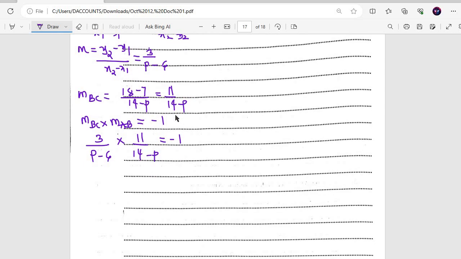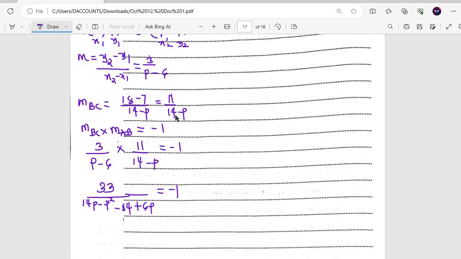So at the end of the day, we have 33 over P times 14, 14P minus P squared, 14 times 6. I'm multiplying the denominator. 14 times 6 will give us 84, so minus 84, plus 6P, equal to -1.